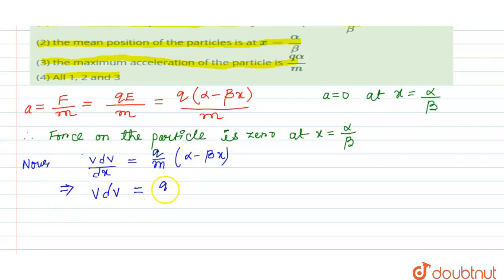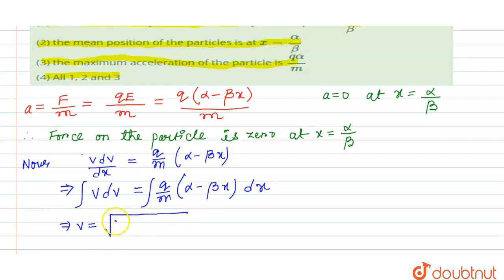So v dv equal to q by m times alpha minus beta x into dx. Now integrating on both sides, we will get v equal to square root of 2q x by m times alpha minus beta x by 2.